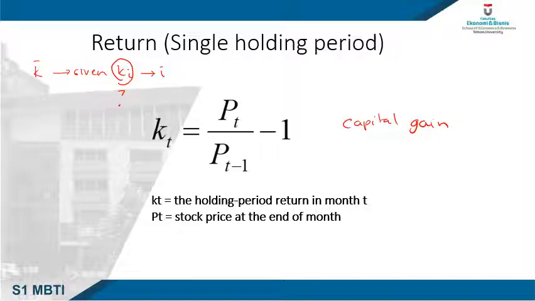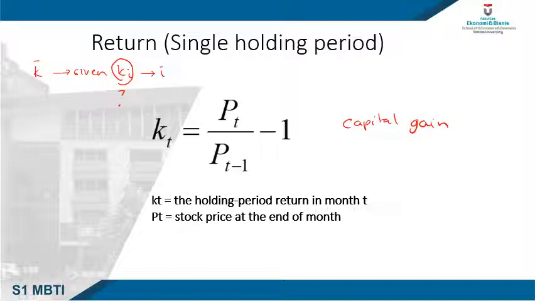So for example, if today I buy one security for 1,000 and tomorrow the price becomes 1,100, then it means that I will have a profit of 100, right? So that is the capital gain. We call that capital gain. And how do we measure the return, or the percentage, of 100 over the 1,000?